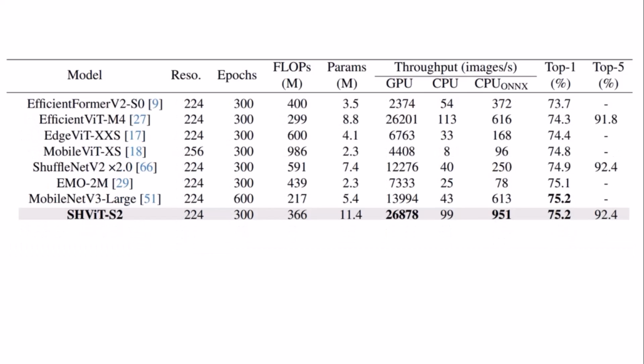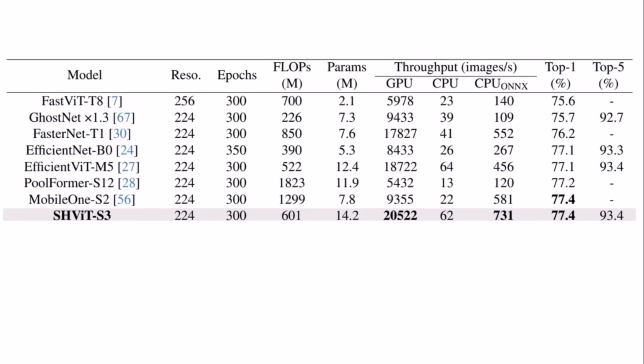And then for the S2 variant, we can see that they have compared that with EfficientFormer version 2 from ICCV 2023. So it's not efficient anymore, I guess. You see on GPU it is around 10 times faster, while it also achieves higher accuracy. But comparing with the other state of the art, which is MobileNet version 3 large, you see that it's still around twice as fast while maintaining the same accuracy.